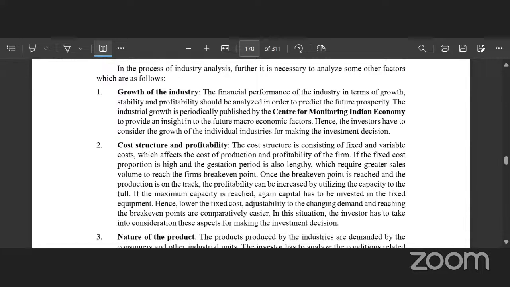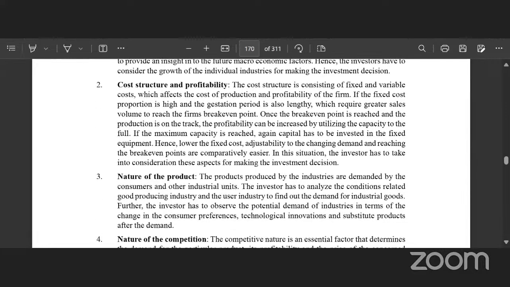The IT industry generally consists of a smaller amount of fixed costs but a high amount of variable costs. That's how we are supposed to understand the cost structure and profitability, because profitability is highly impacted by the cost structure of the industry.